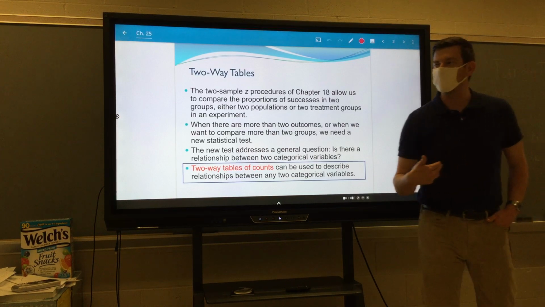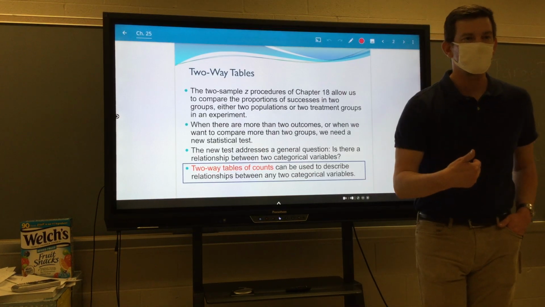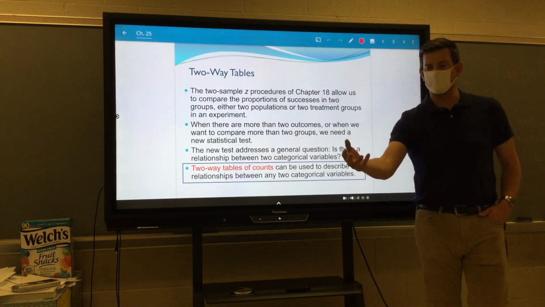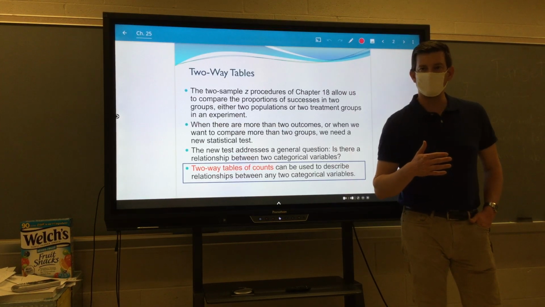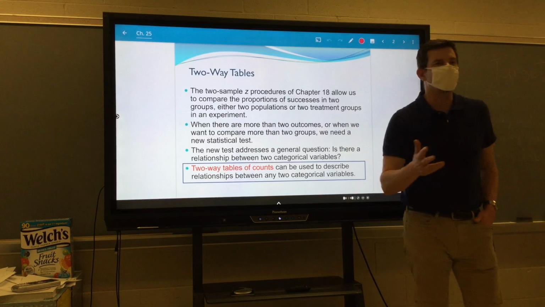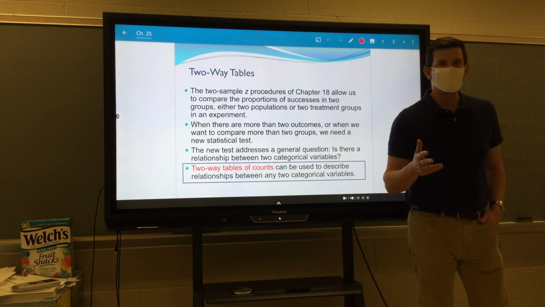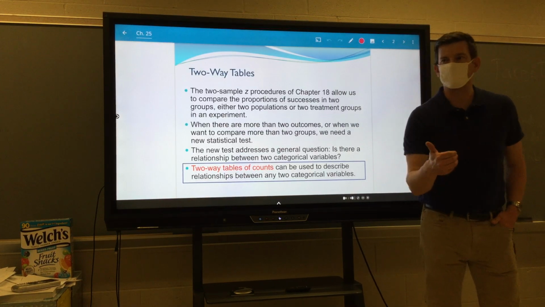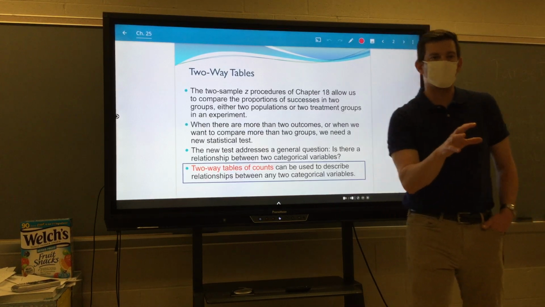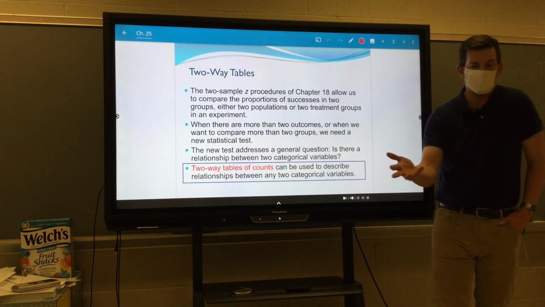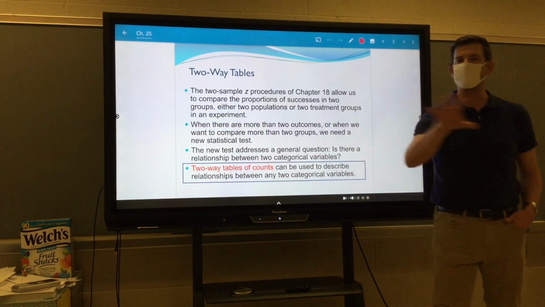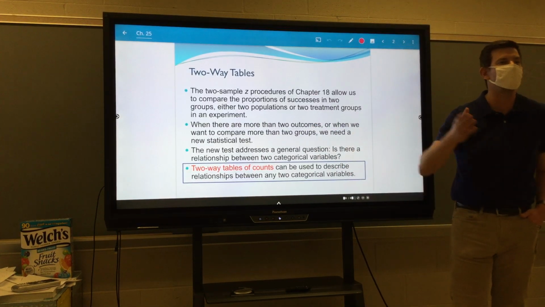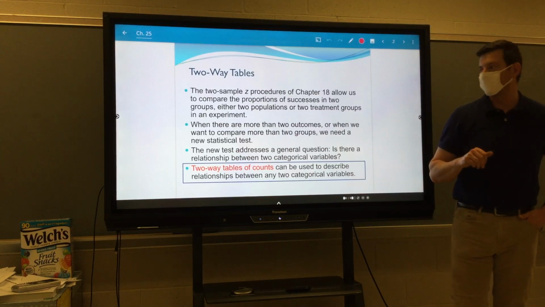You could end up with dozens of different p-values, some of them significant, some of them insignificant. And how do you sort through all of that and try to make some conclusions based off of it? Is there a legitimate change over time in your opinions or the way people feel about this thing? Do they differ based off of that age breakdown?